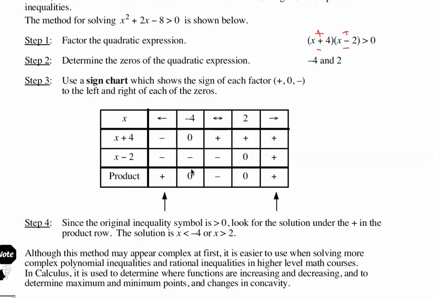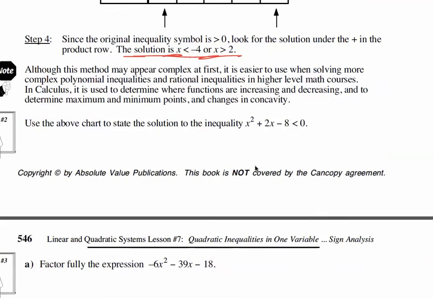And notice that's exactly what we have here. We have 2 negatives making a positive product and 2 positives making a positive product. So this chart here is in some ways an application of case analysis. This is more or less just another way of doing it. So again, the solution is where x is less than negative 4 or x is greater than 2.